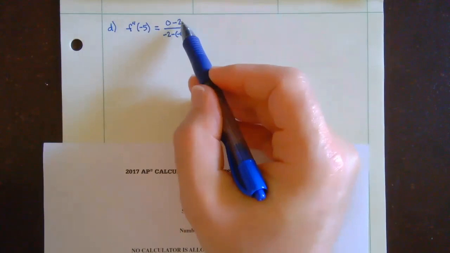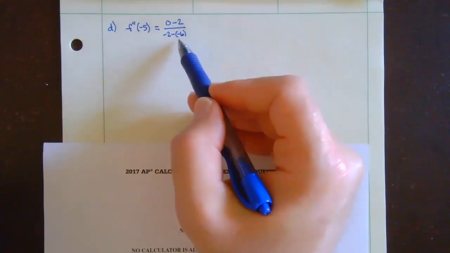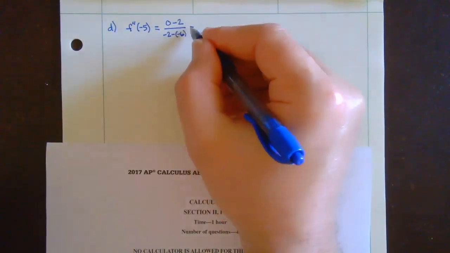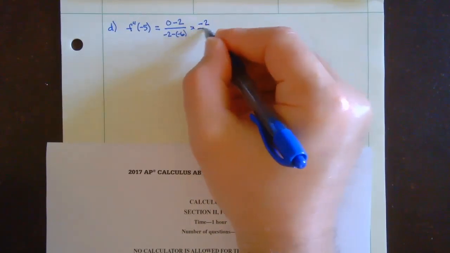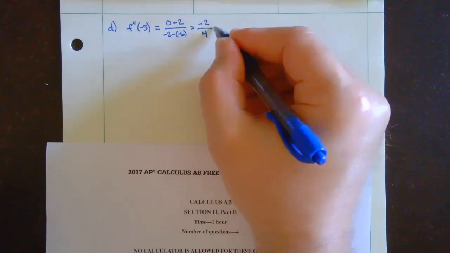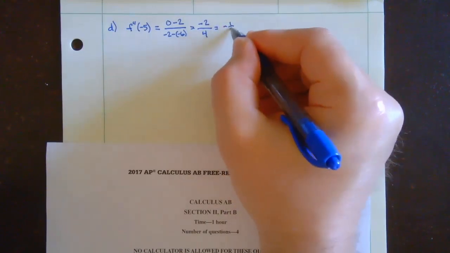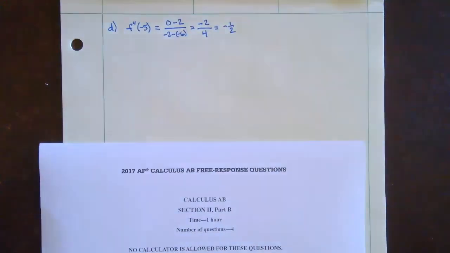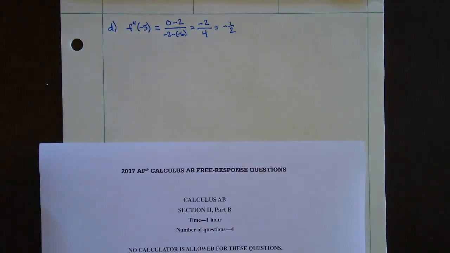Now, if you wrote 2 minus 0 over -6 minus -2 on top, you'd be right. So that's -2, and this would be -2 plus 6, which would be 4, and that would give you -1/2. So f double prime of -5 is -1/2.